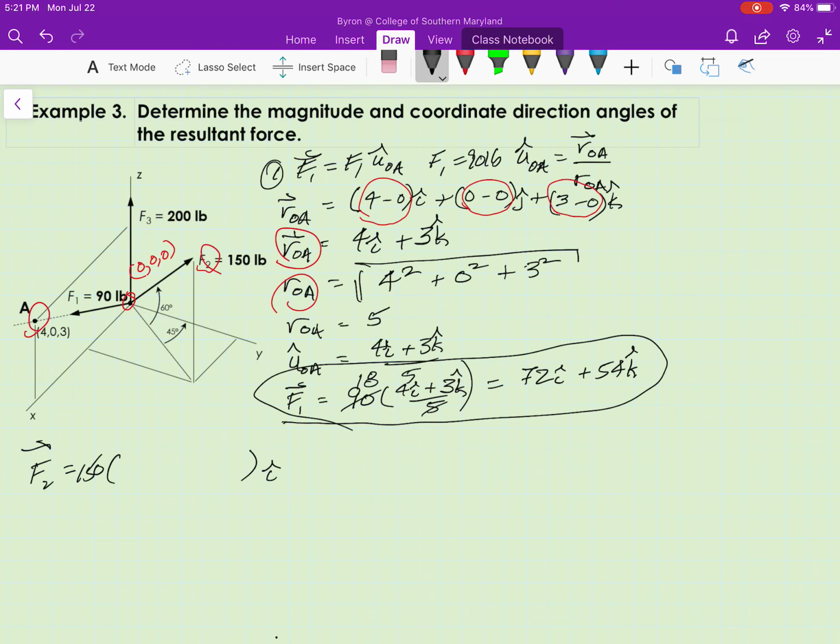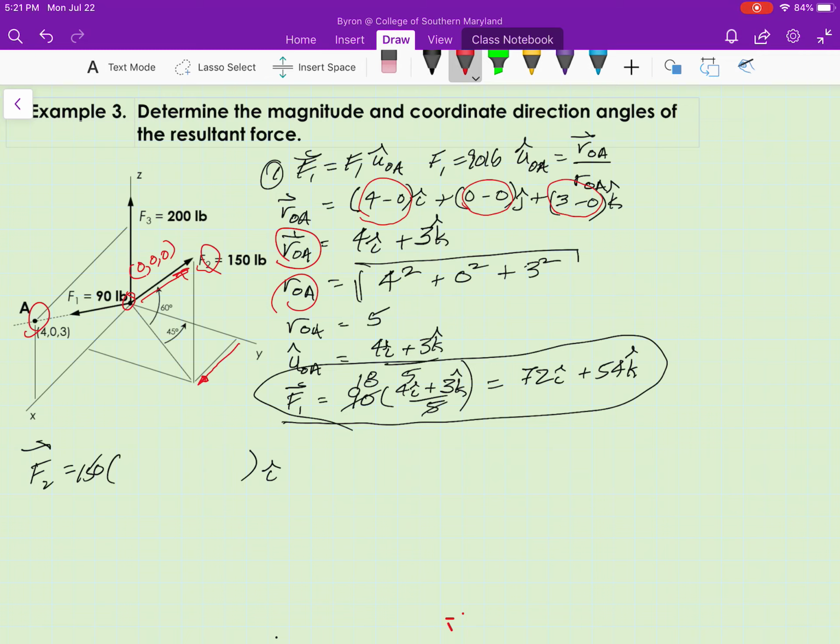Now here's F sub 2 here. Okay. And I'm going to get the i component of F sub 2, which I'm going to show out here for convenience with the trig. We know it acts through the origin, but I can show it out here and understand that it acts through the origin just for convenience.